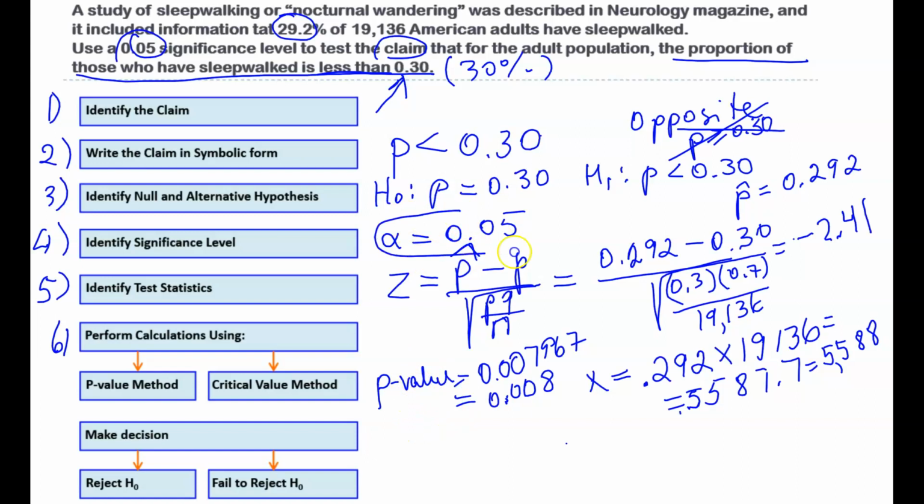Alpha, in this case, was 0.05. If the p is low, the null must go. Therefore, p-value 0.008 is less than 0.05, our alpha. If it's less, we reject the null hypothesis.